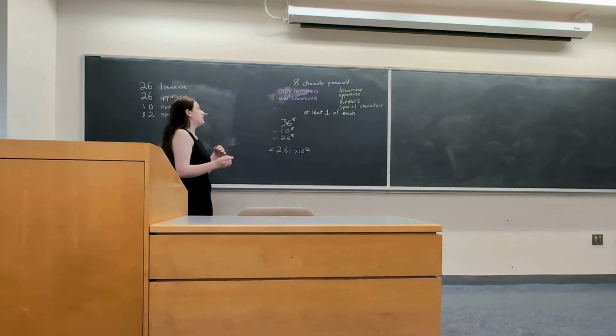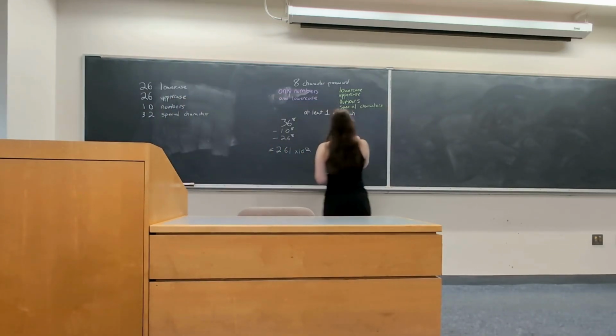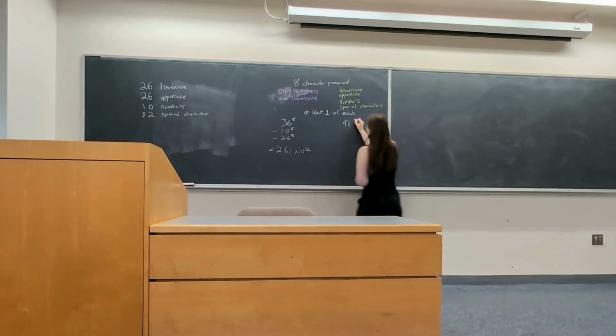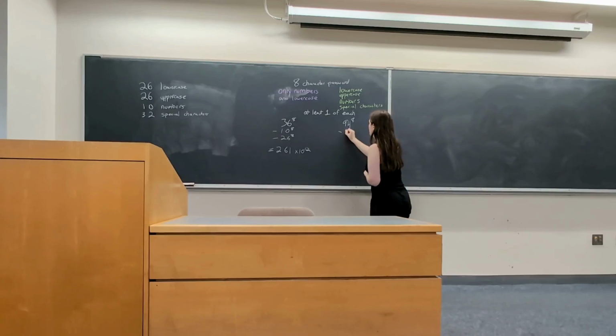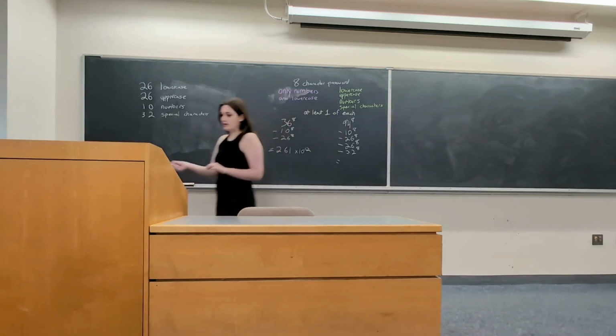For the one with the lowercase, uppercase, numbers, and special characters, we start out with 94 to the 8th minus 10 to the 8th for the number, 26 to the 8th for the lowercase, 26 to the 8th for the uppercase, and 32 to the 8th for the special characters.